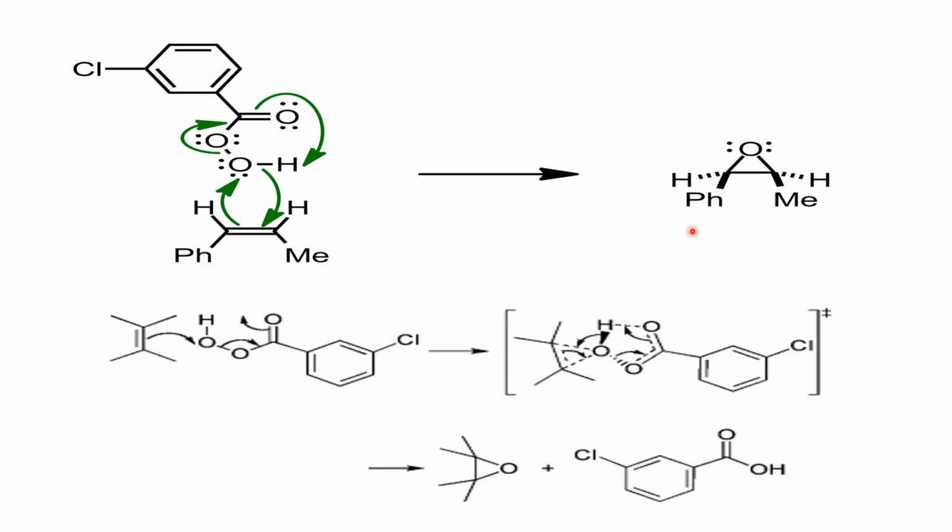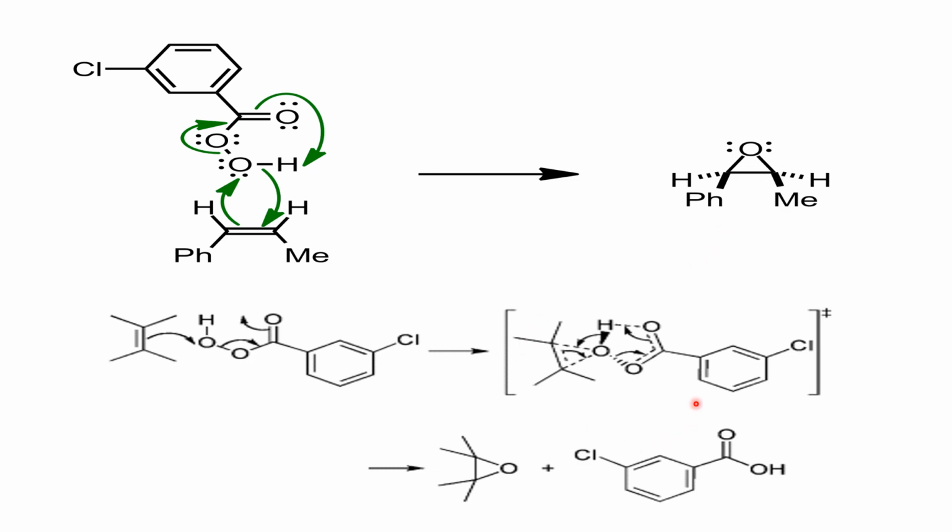See, I have given the same mechanism with more clarity in the arrow marks. You can easily make out how the oxygen from meta-chloroperoxybenzoic acid is shifted to the double bond carbon, resulting in the formation of an epoxide.